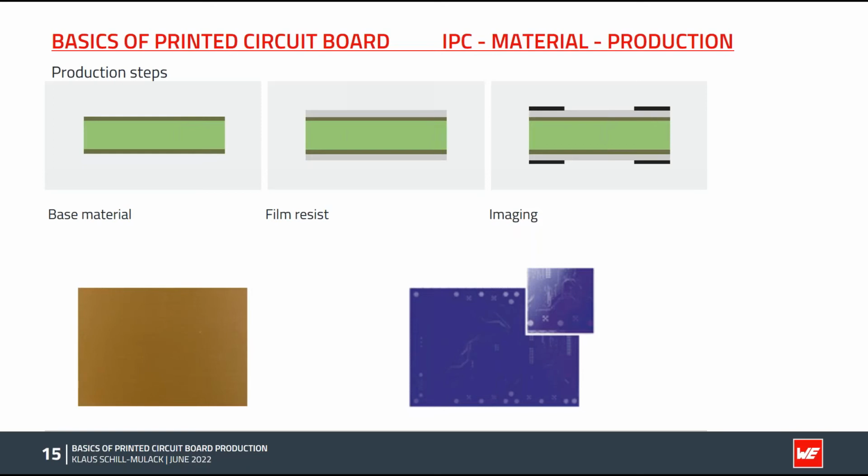With this starting material, we go through a chemical treatment to clean the copper, which reduces the copper thickness, of course. And these boards are then laminated directly with a photosensitive film or resist. Then the exposure step is carried out using UV light, and the PCB data of the inner layer is transferred to the film.